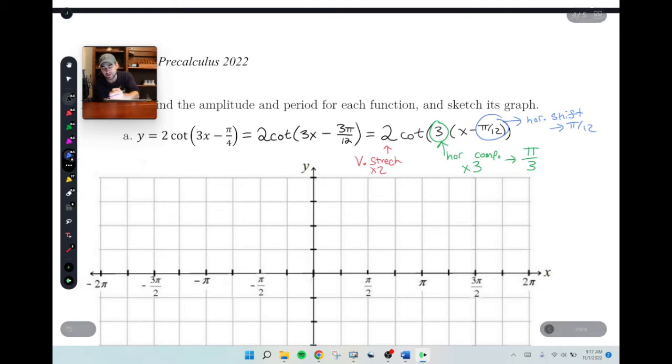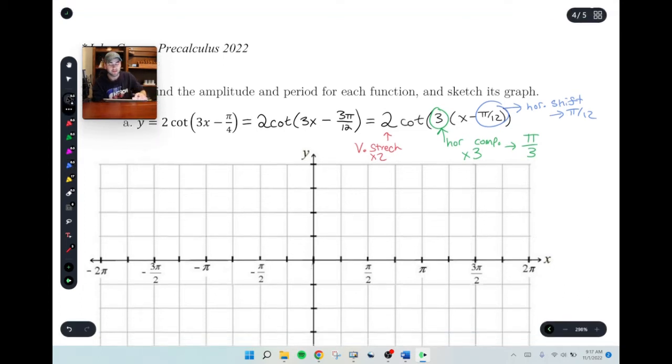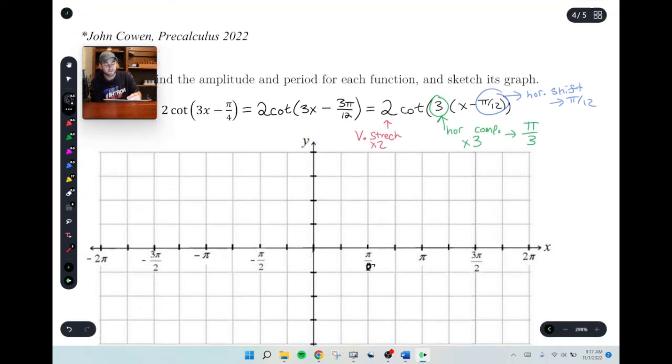Sometimes it helps to change your axes. I think in class we change this to pi over 3, and so on and so forth. Feel free to change your axes if you need to, to make it a little bit easier. If that's pi over 3, that would make that 2 pi over 3 because it's twice as long, which would make that 3 pi over 3, which is just pi, right? And that would make that 1 pi over 3, 2 pi over 3, 3 pi over 3, 4 pi over 3.